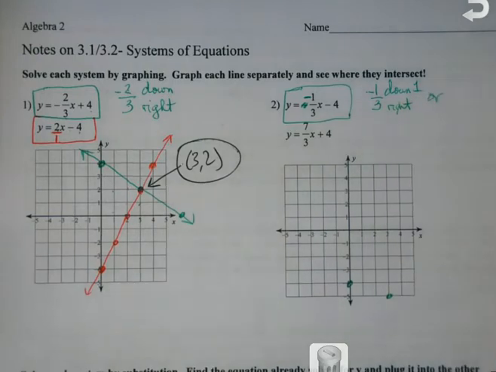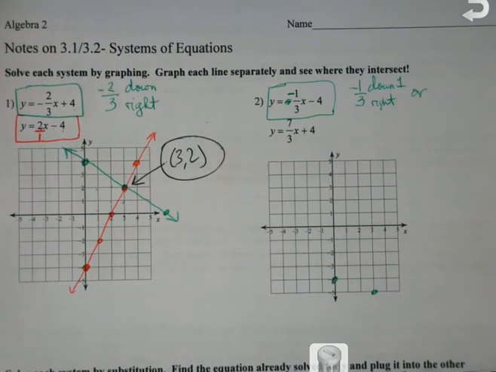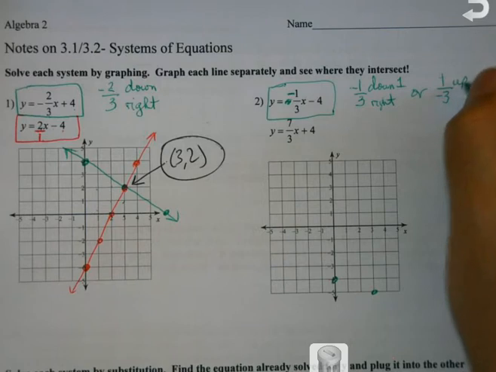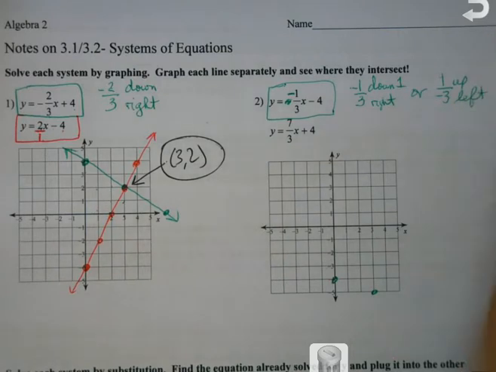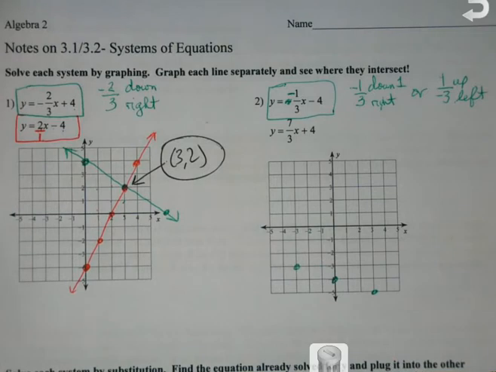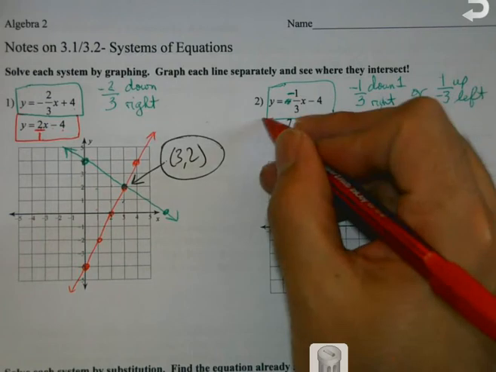But I also can switch where the negative goes. I could put the negative on the bottom. So then I would go up 1 and left 3. And that lets me make an extra dot. And that may be the dot that I find is the intersection. So make as many dots as you can using both directions.